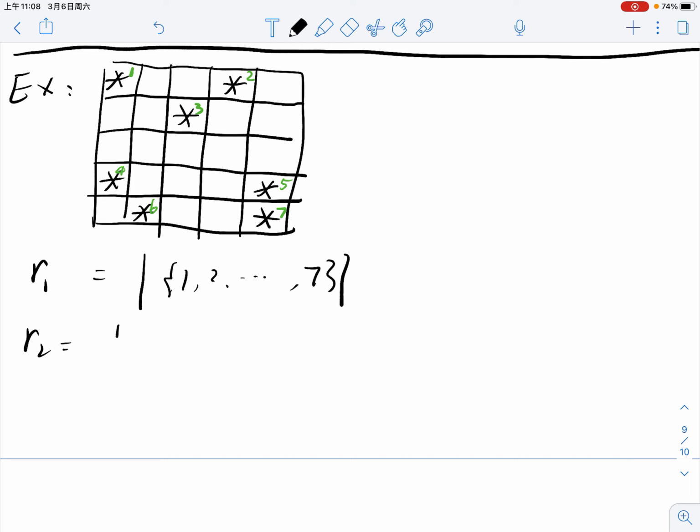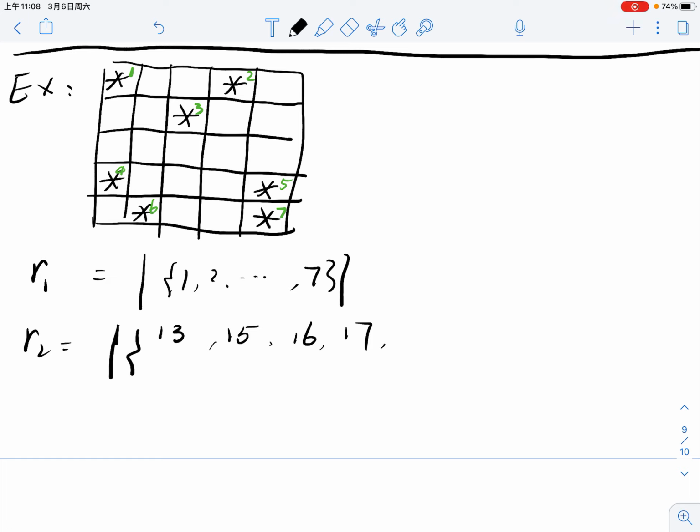And what is R2? How to choose two non-attacking rooks in the forbidden positions? You can enumerate in the following way. First, if you choose 1, then you can have 3, 5. You cannot choose 2 or 4 because they're attacking. 1,4, 1,5, 1,6, 1,7.